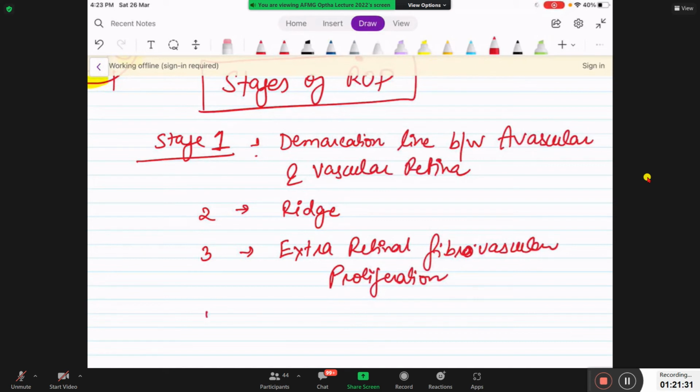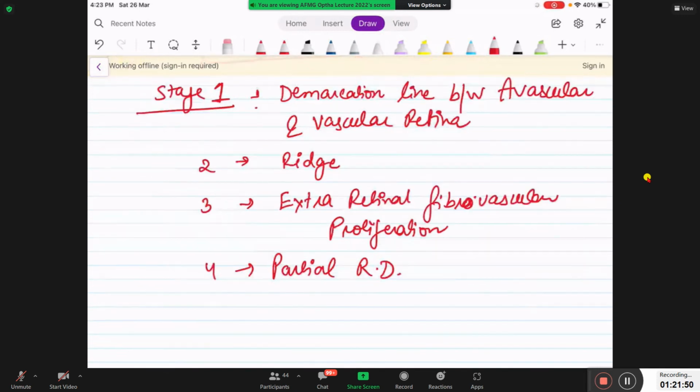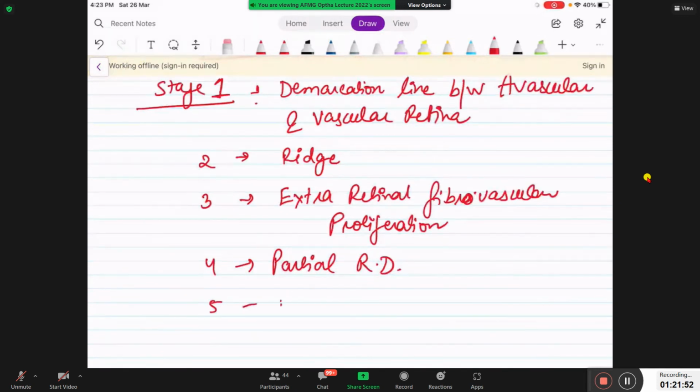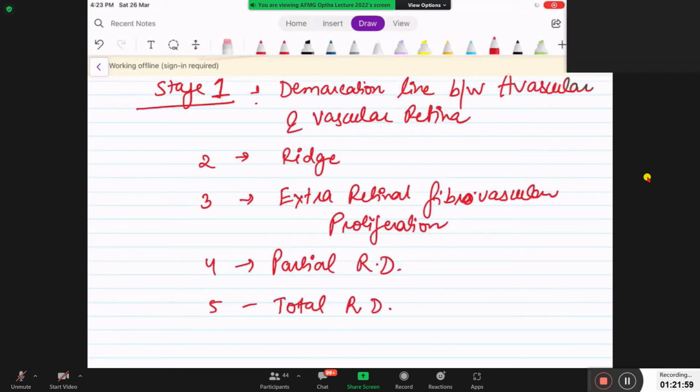In stage 4, you will see partial retinal detachment. RD is retinal detachment. In stage 5, you will see total retinal detachment.